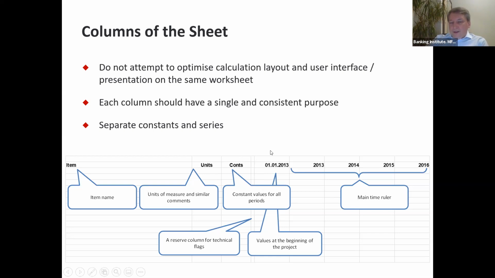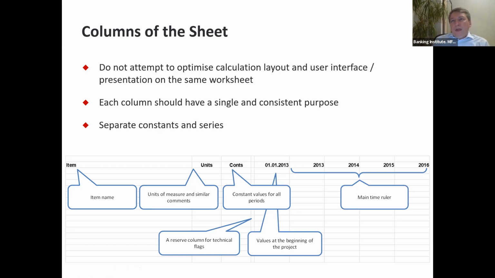And another thing is that sometimes some guides recommend putting here total values for the whole project. In this case, probably you can move your technical column after this total column. Why do you put all your totals in the beginning of a financial model?